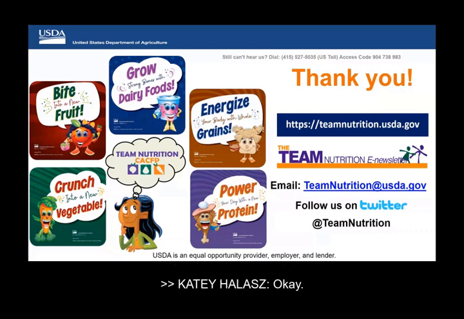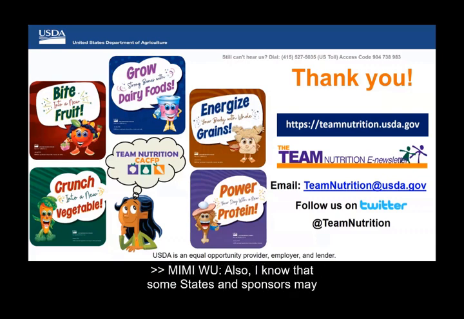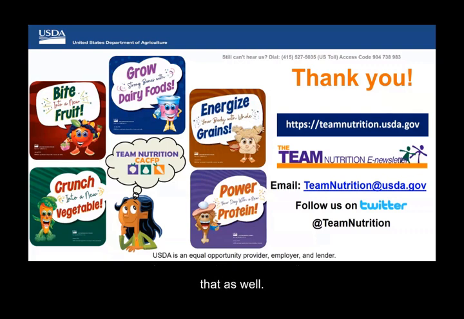Okay, so it sounds like if it's not on the chart, we can use that great Exhibit A grains tool. Yes, exactly. And we'll send that link out after the webinar. Also, I know that some states and sponsors may have started training using a different method. You can hand calculate it and things like that. So if you already know of another method, you can go ahead and use that as well.